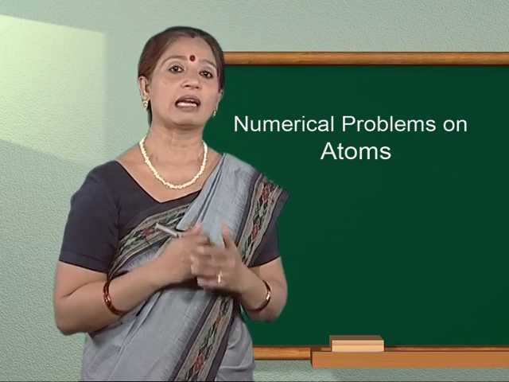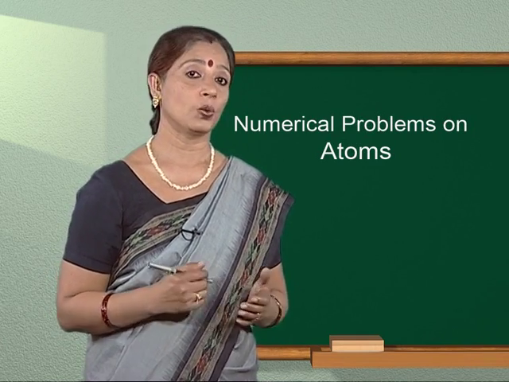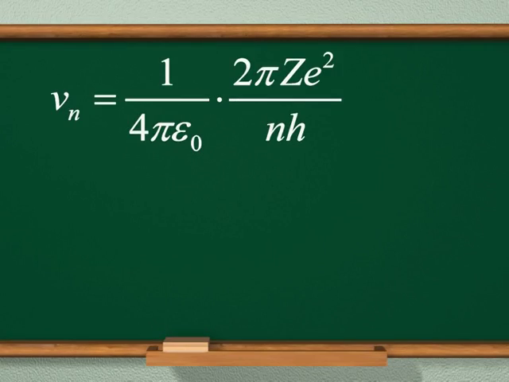We know that the speed of electron in nth orbit is Vn equal to 1 by 4 pi epsilon naught into 2 pi Ze square upon nh. For helium, Z is 2 and n is given as 4.